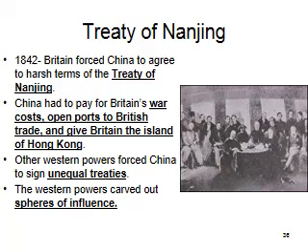Now, an important thing to remember here, talking about the Treaty of Nanjing, is the difference between the way imperialism played out economically and politically in China with how it did in India and Africa. In India and Africa, you see the outright colonization of territory, where the British take chunks of India and chunks of Africa and make them colonies.